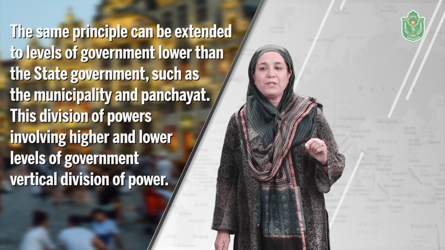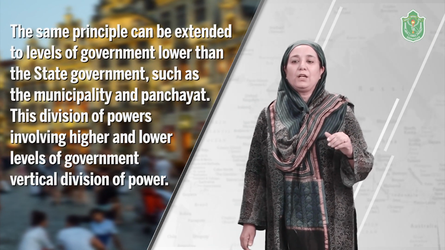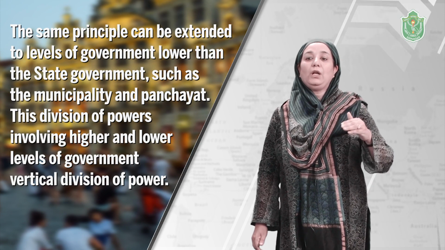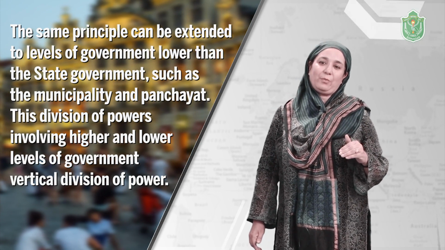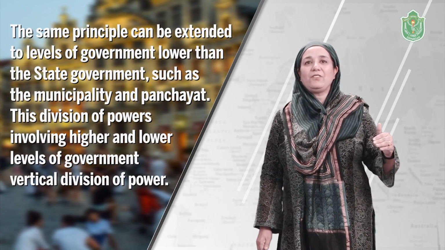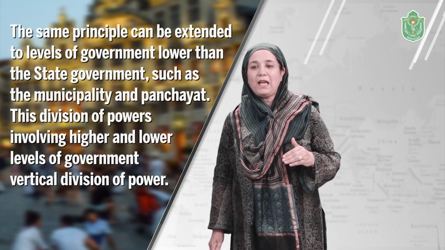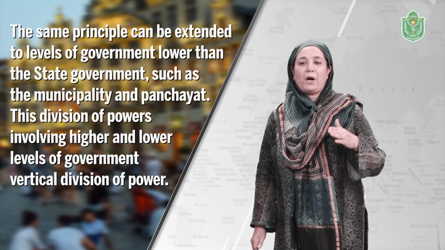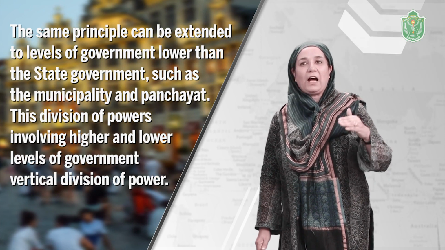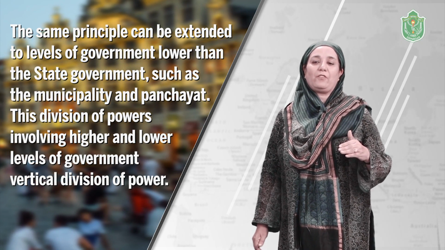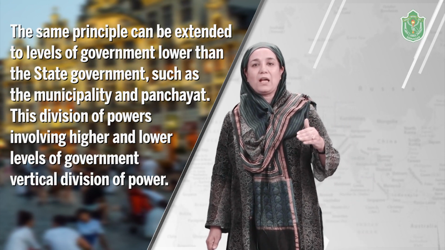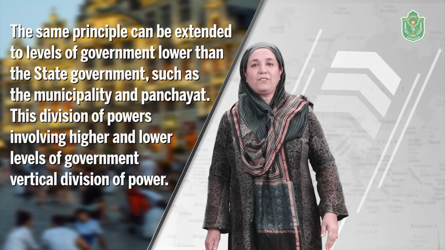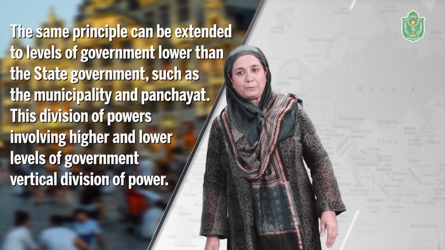The same principle can be extended to levels of government lower than the state government, such as in India we have municipalities and panchayats. Now, children, this division of powers involving higher and lower levels of government is known as the vertical division of power.